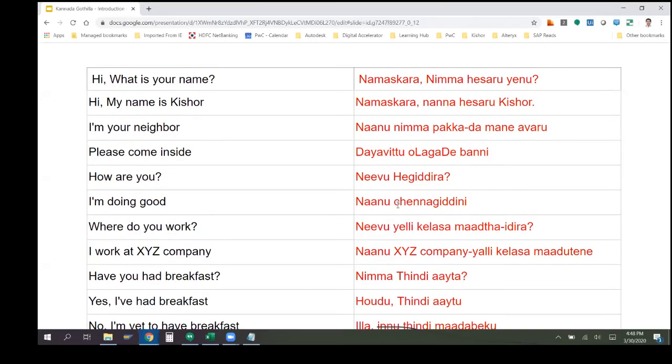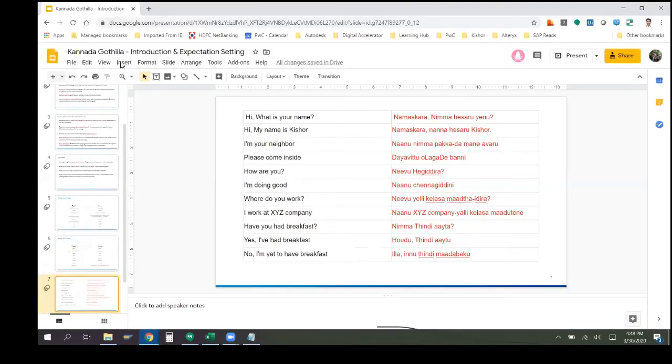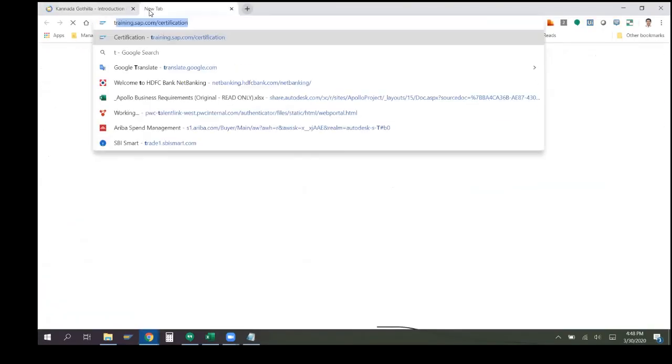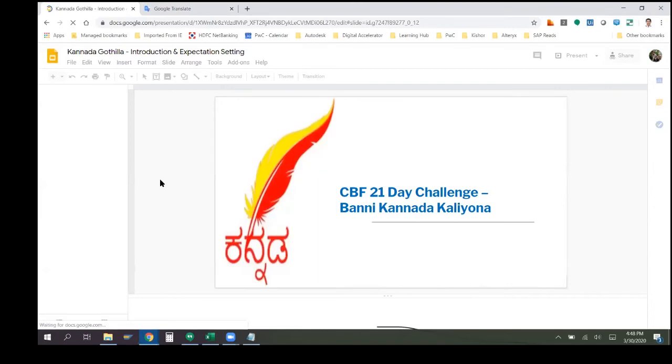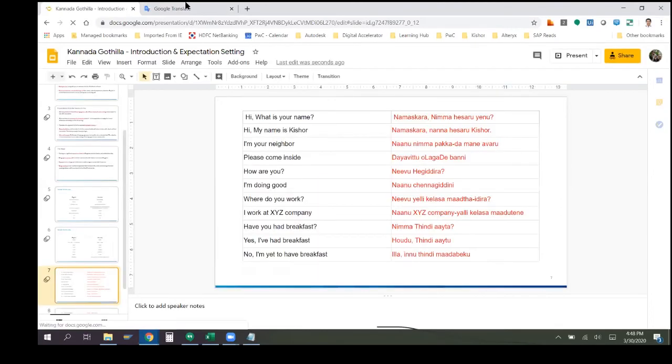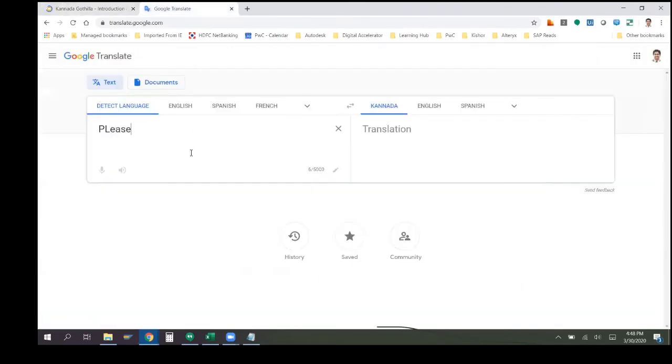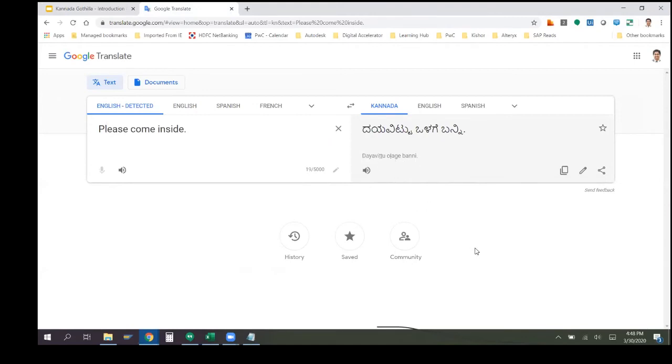Even in Bangalore, people say Volage Banni. Volagade Banni is something only the pure, proper Kannadigas, the older people, would use. Even my father would say Volage Banni. So I guess it's fine. We will resort to neutral language.